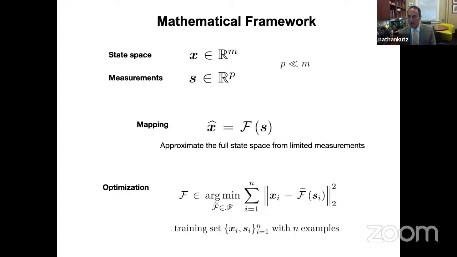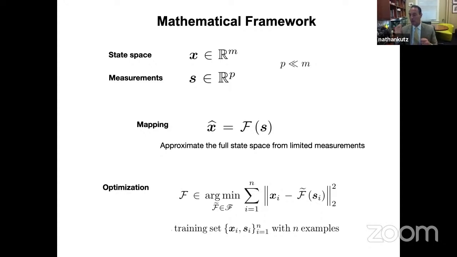Okay, and the optimization is very trivial to write down. There it is. I want to find F such that if I look at the data, each of the n data points, right? I have some training data. I want to learn an F so that if I have a data point X of i, it matches my F which maps to my sensor S of i.